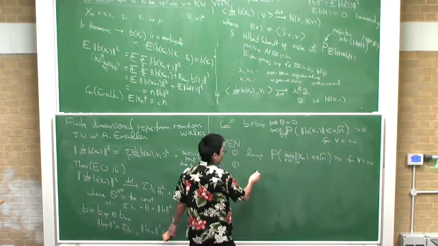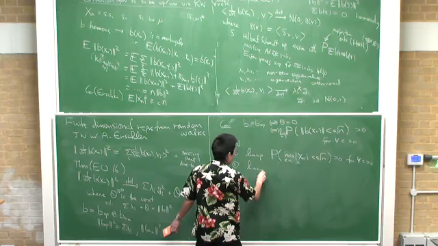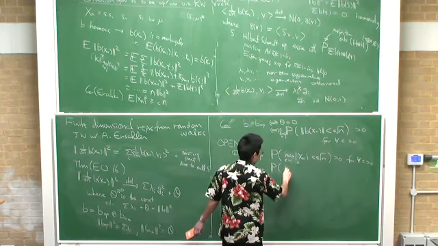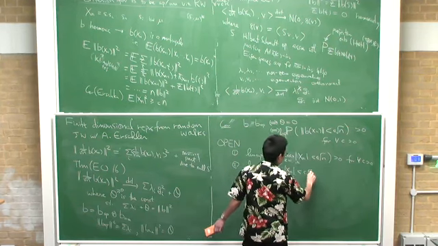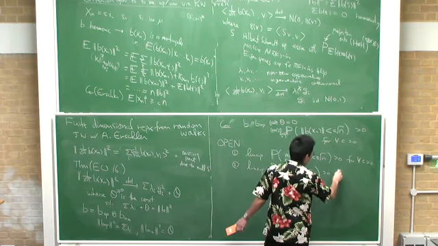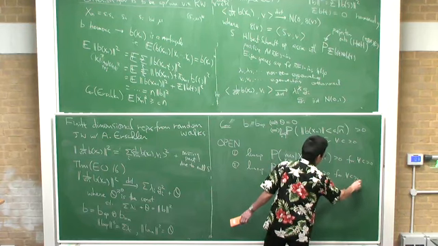Number 2 is that the limit of the probability that |x_n| is less than c square root n is greater than 0 for any c greater than 0.